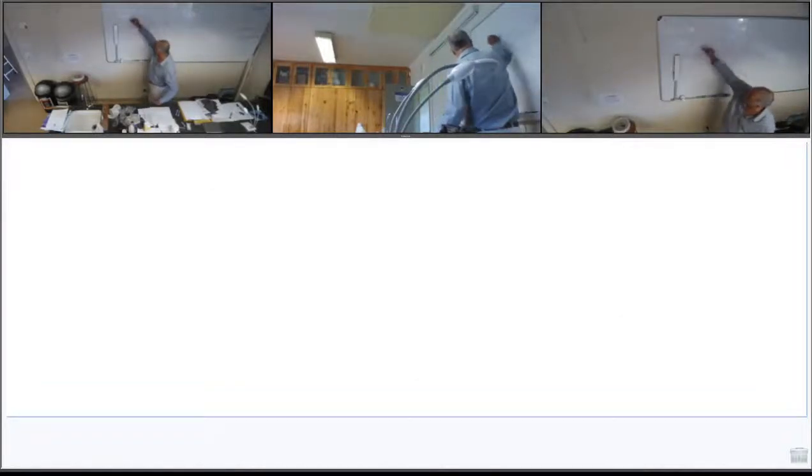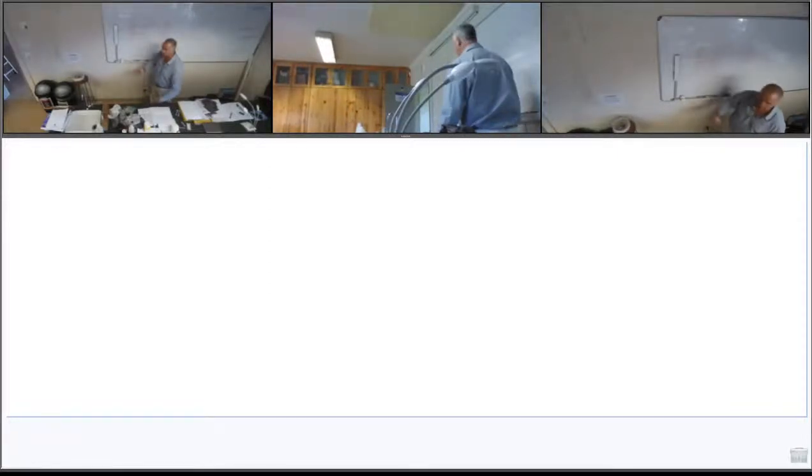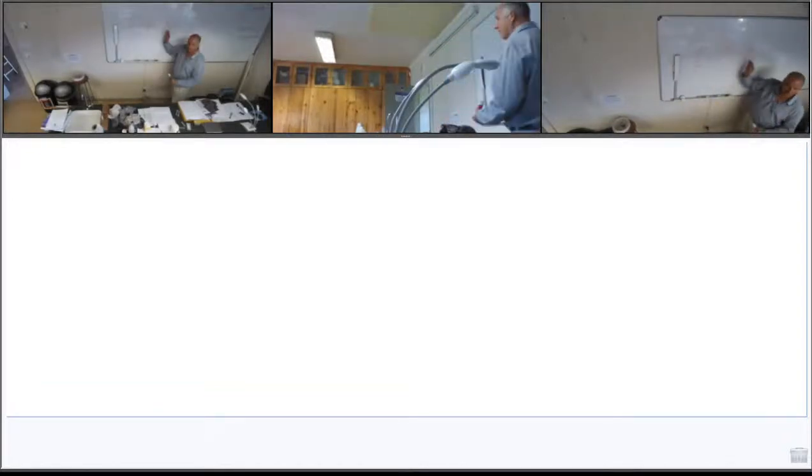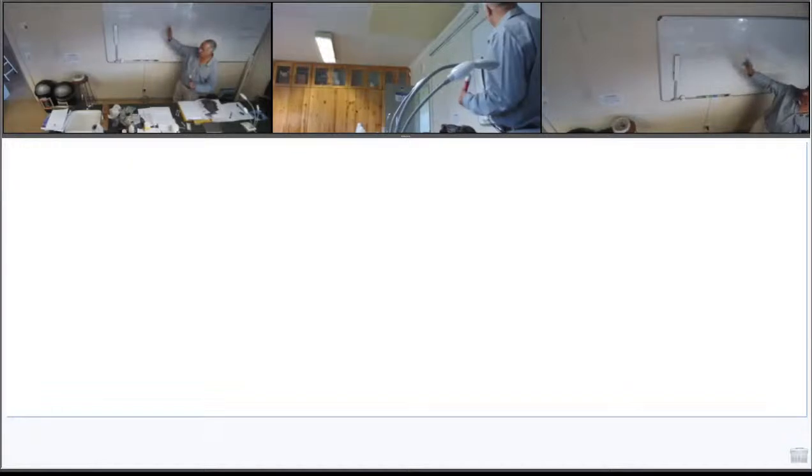We haven't looked at resistance yet. We've looked at voltage. We've looked at connecting cells in series and parallel. Right, so we've done that side of it. Now we're going to have a look at resistance, how the resistance affects the current.